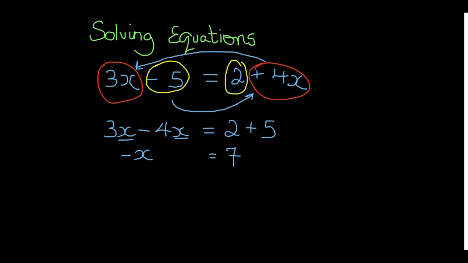Here, the coefficient is a negative 1. So I will divide both sides by negative 1. And what will I get as my answer? Anybody? What will I get as my answer?